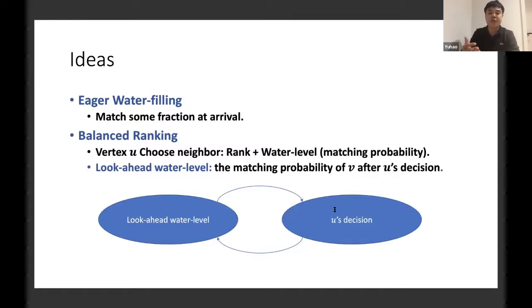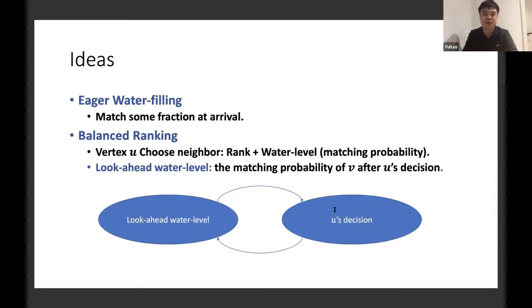And actually what we use is the look-ahead water level. It is quite interesting. The look-ahead water level means the matching probability of a neighbor v after u's decision. That is a little bit strange because u's decision actually affects that look-ahead water level, and we want to let the look-ahead water level affect u's decision.